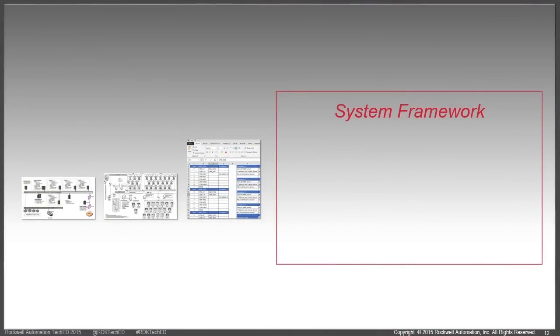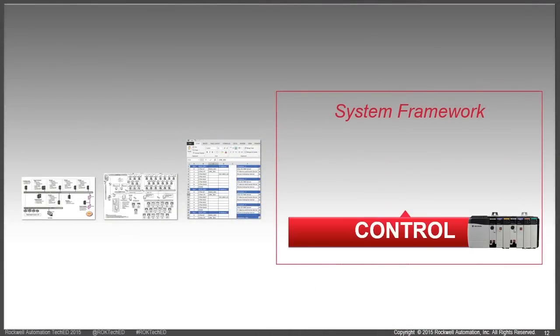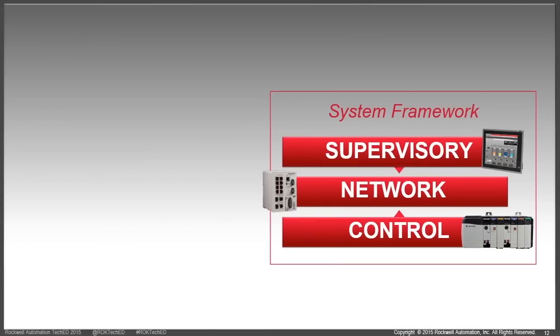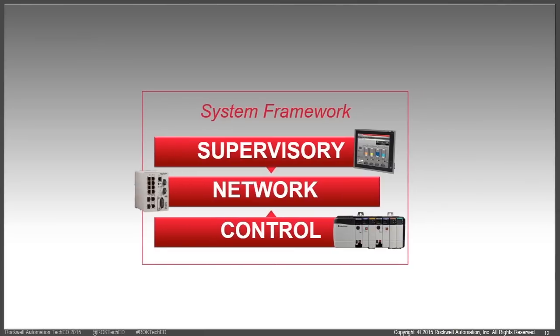This is the information you're going to start with at a minimum to create that system framework. The system framework is made up of the 3 layers that we're all used to: control, supervisory, and the network layer. These 3 layers have configuration settings, an initial project, as well as in some cases, project content. So we need a tool to help the team build up this framework.